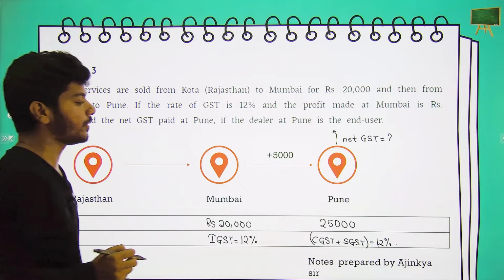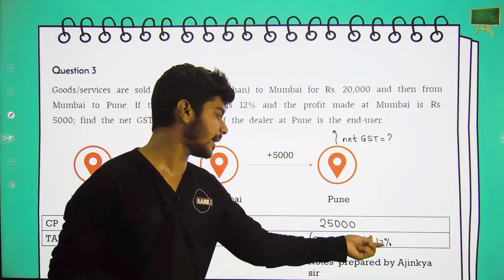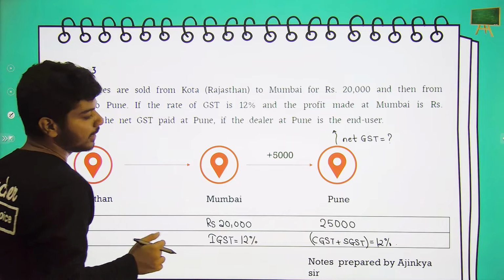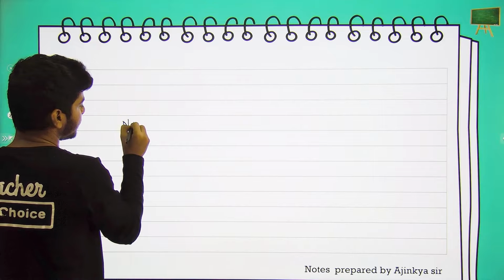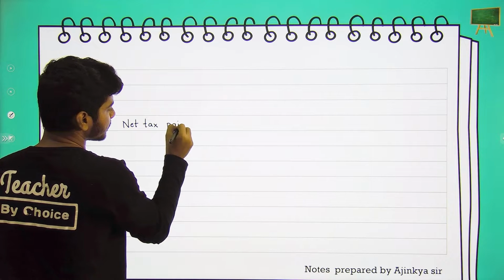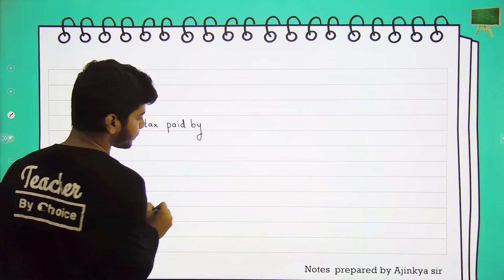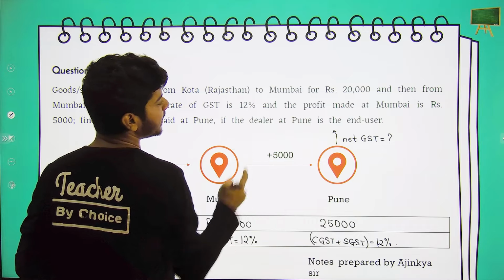Okay, now see, we will calculate 12% of 25,000. Let's calculate 12% of net tax paid by the dealer at Pune.